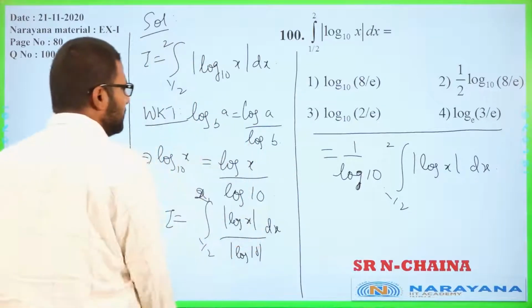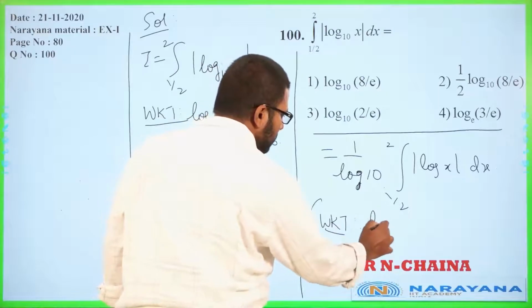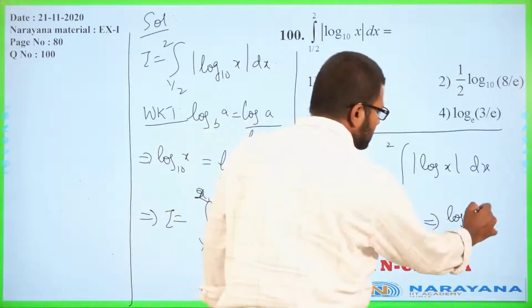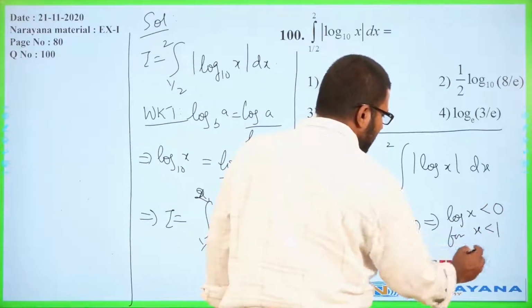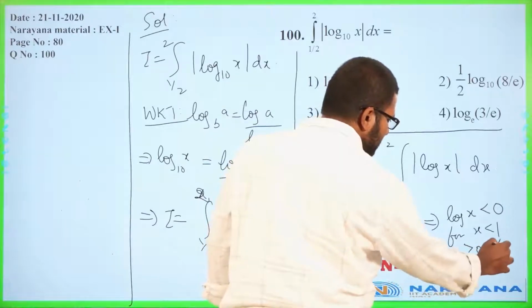So log x is negative for x less than 1 and positive otherwise.